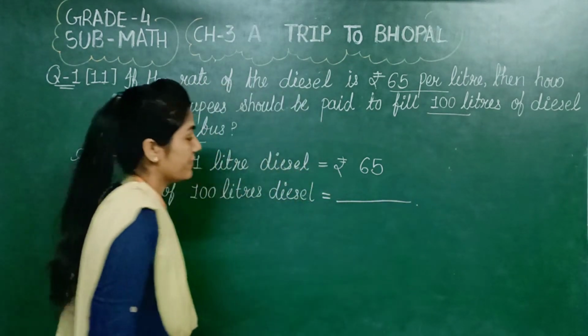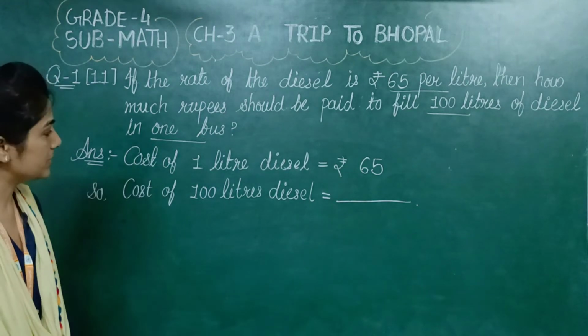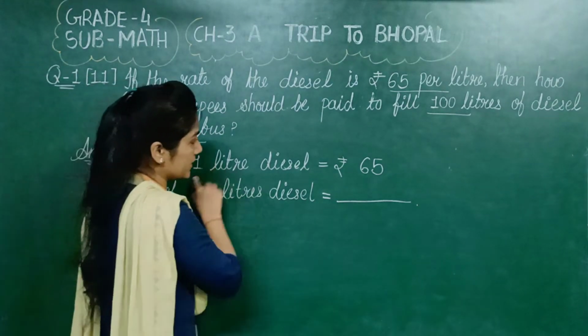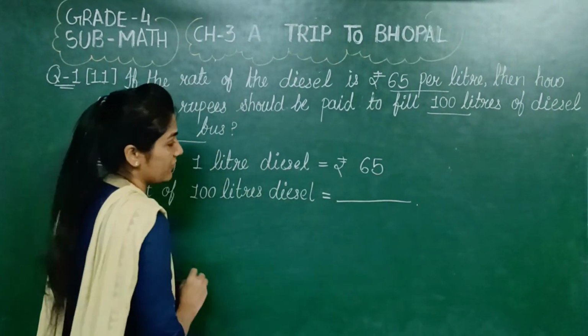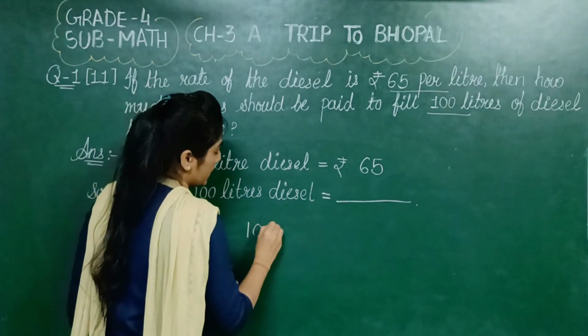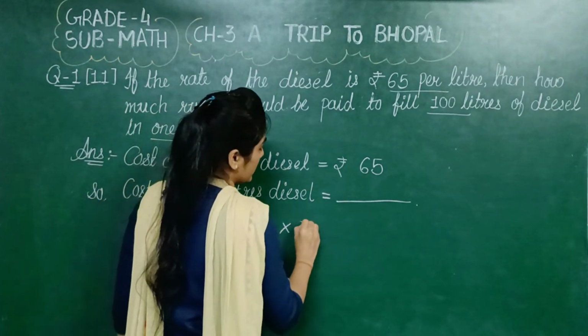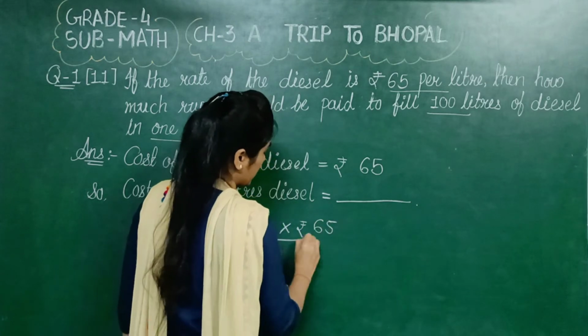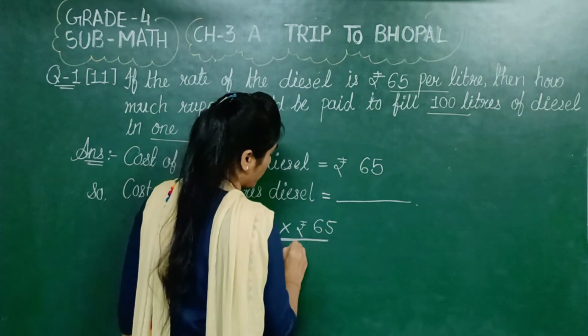That we need to find. So we can do cross multiplication like this. 100 liters multiplied by 65, see, 100 multiplied by 65 upon 1.